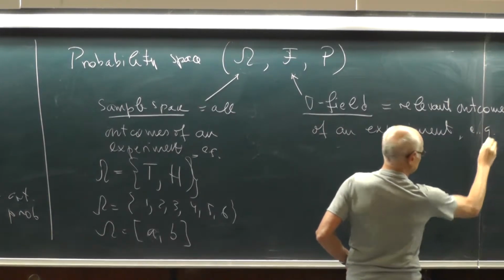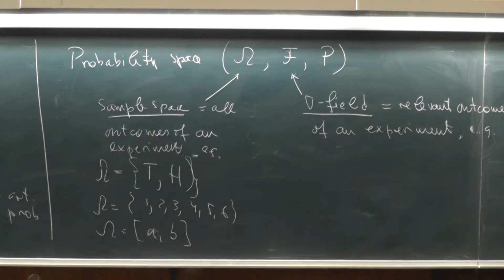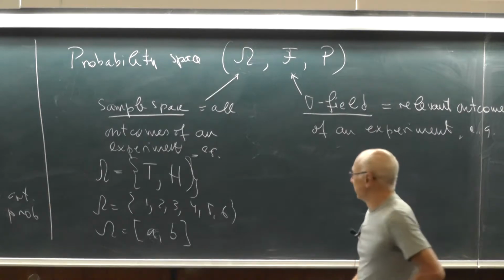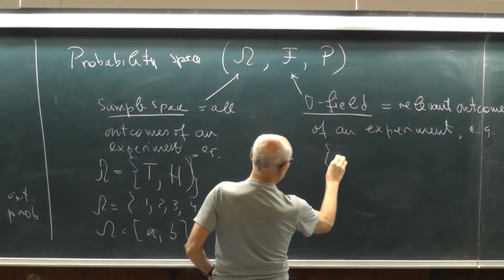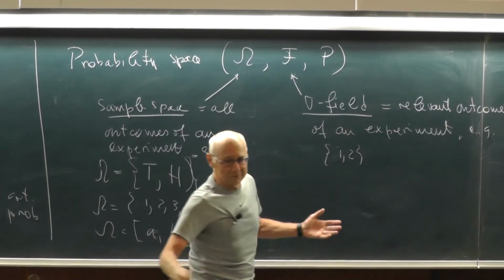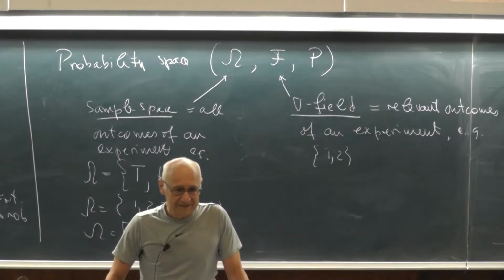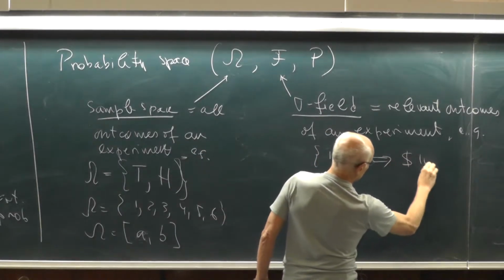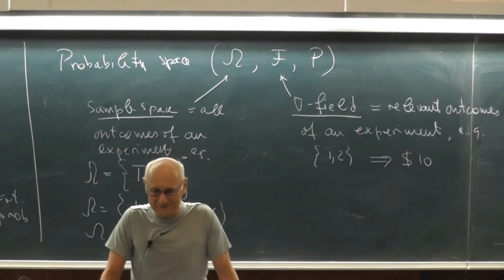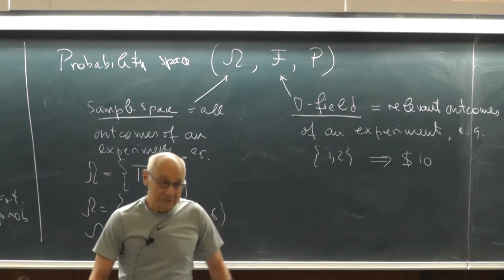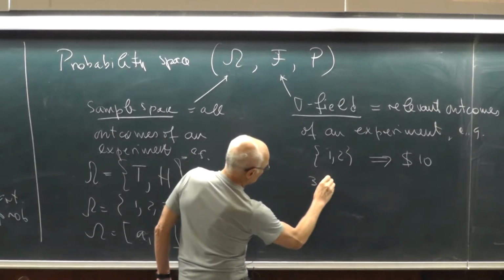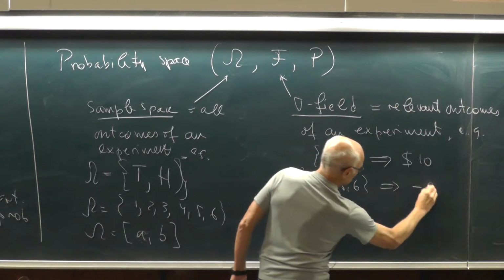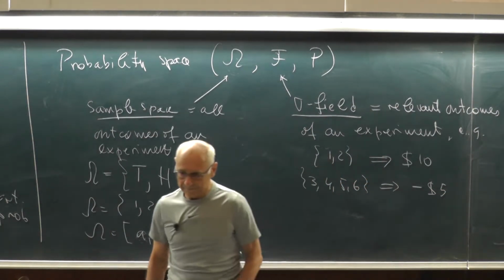Example. Think of the following game. We roll a die. And if the outcome of that experiment is 1 or 2, I'm just making it up right now, if you see 1 or 2, you are going to win $10 or pounds, depending on the place in the world. On the other hand, if it comes 3, 4, 5, and 6, you are going to lose $5.